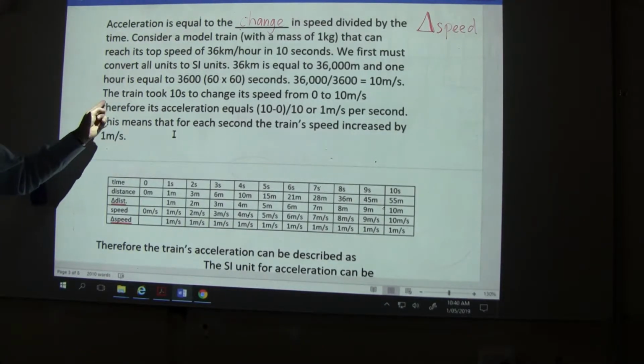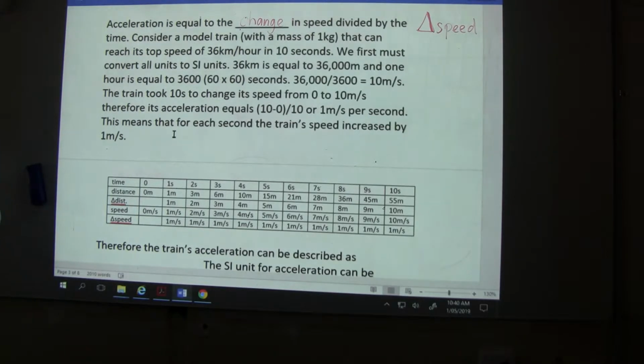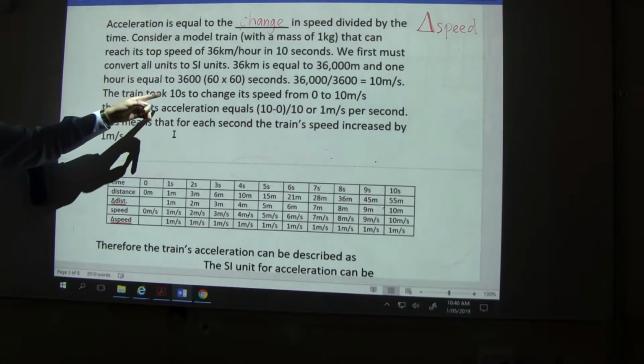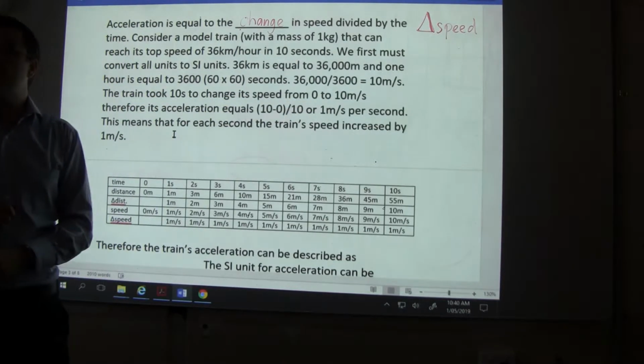Now, if the train took 10 seconds to reach that speed, you know how when you sell a car, you're interested in how fast it can reach 100 kilometers per hour. This is a similar idea. I'm going to come back to that in a second. The train took 10 seconds to change its speed from 0 to 10 meters per second.